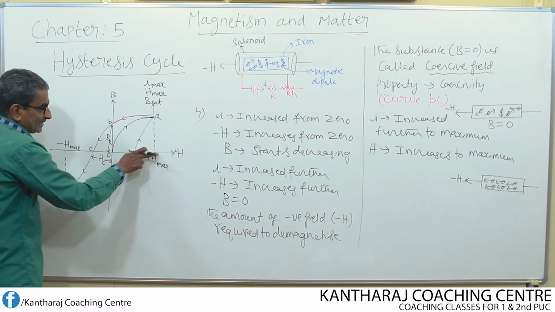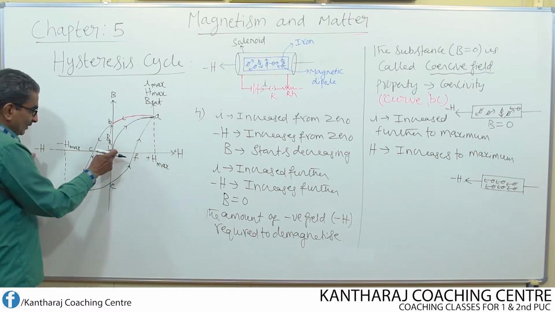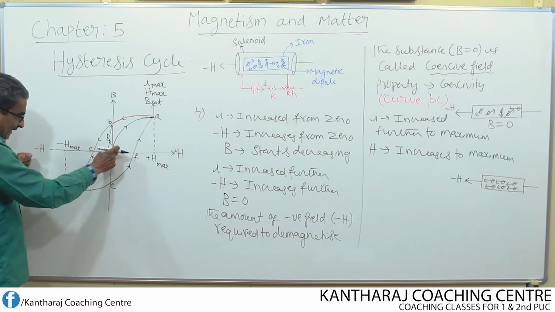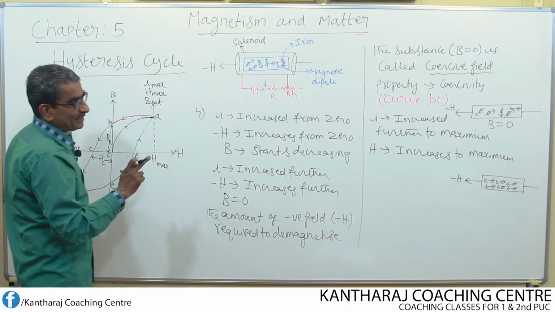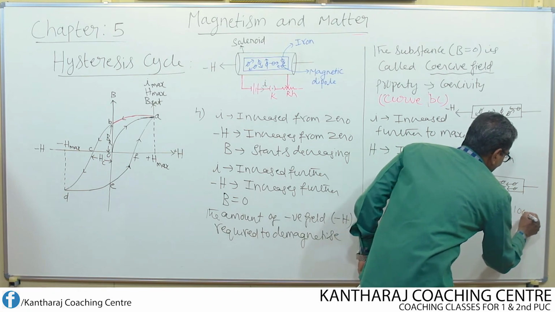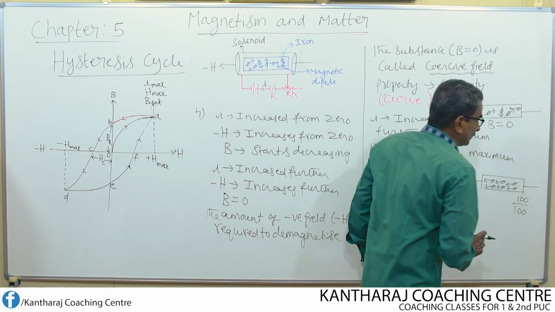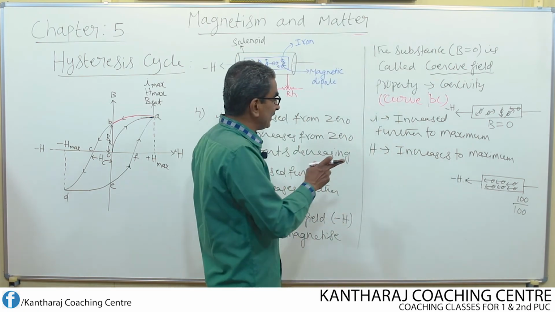See, here H is increased in the positive direction, B got saturated. Once again H is increased in the negative direction. Once again B got saturated in which direction? Negative direction. So B got saturated means what? All the magnetic dipoles, if there are 100 magnetic dipoles, all 100 dipoles orient in the direction of negative field. So that is the meaning of this.